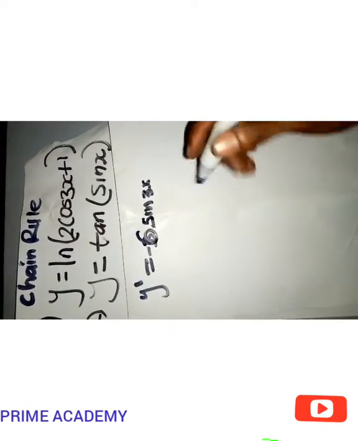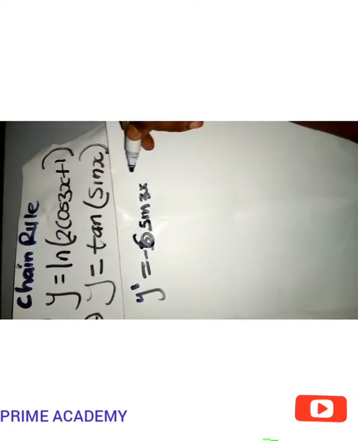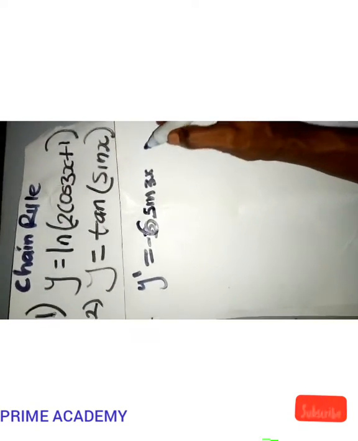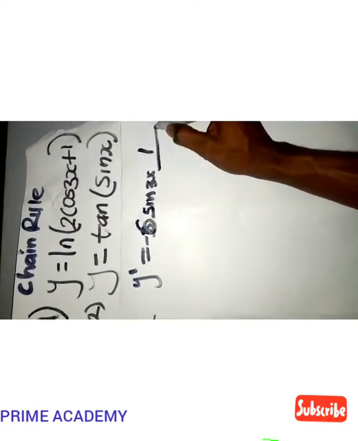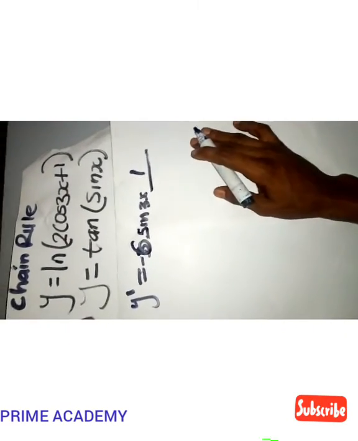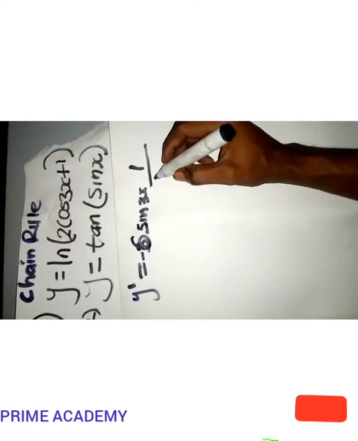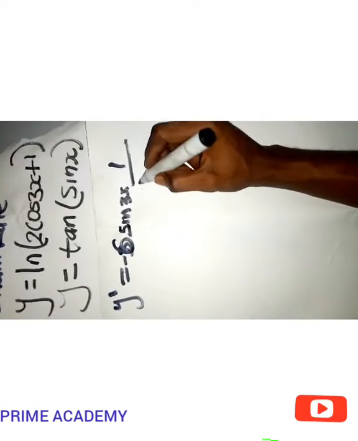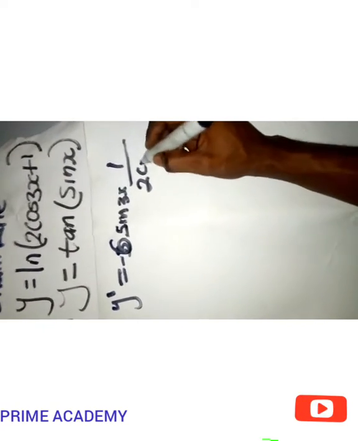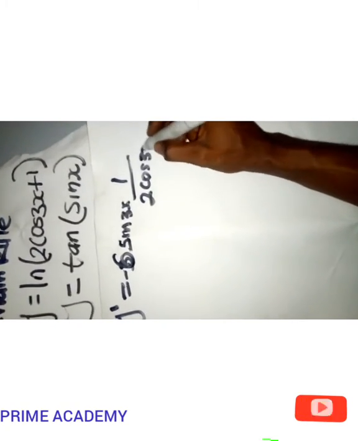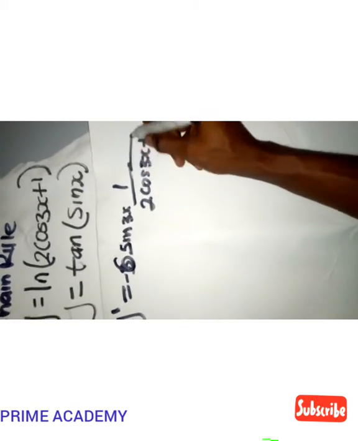Then we differentiate the outer function, ln. When I differentiate ln, I will get 1 over the inner function. So we have 1 over 2 cos 3x plus 1, which is the inner function.